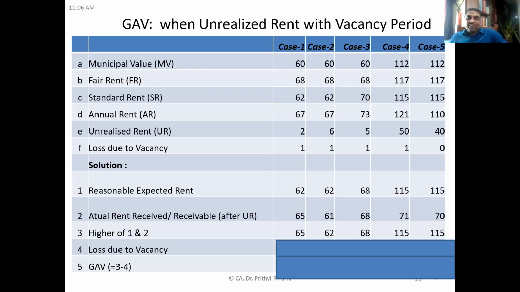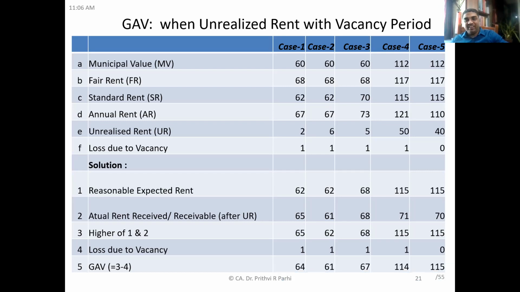At this stage, you'll be allowing for vacancy. Loss due to vacancy is given directly in the question. What should be the GAV? Sir, 60 or 64, 61, 67, 114, 115. Fantastic. Very good. I think all the concepts are understood.